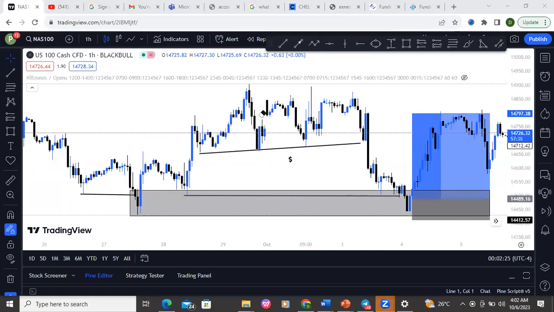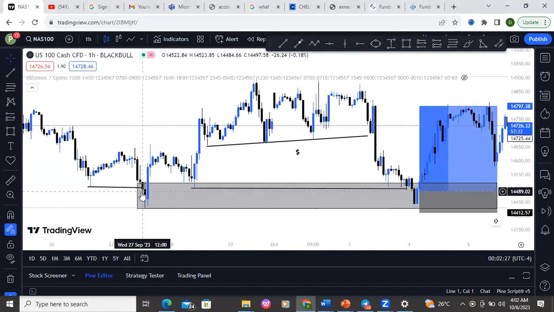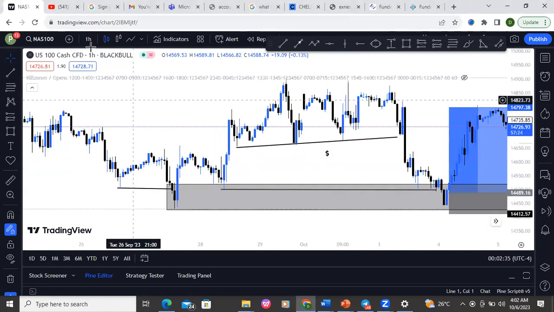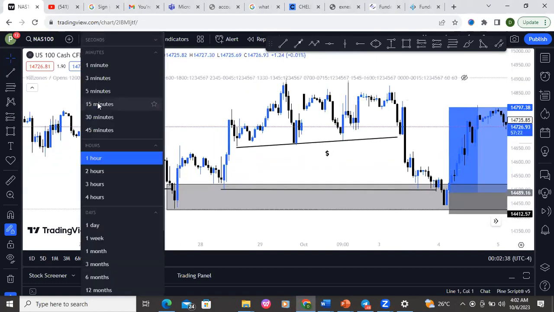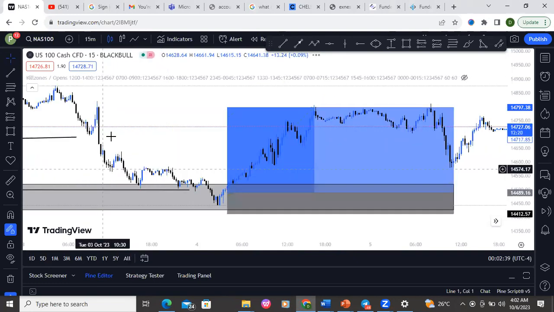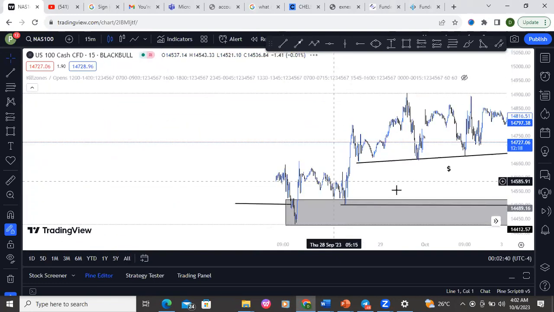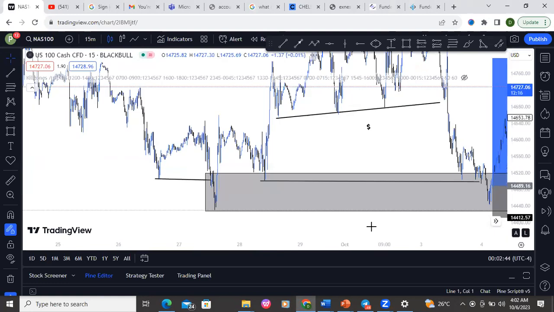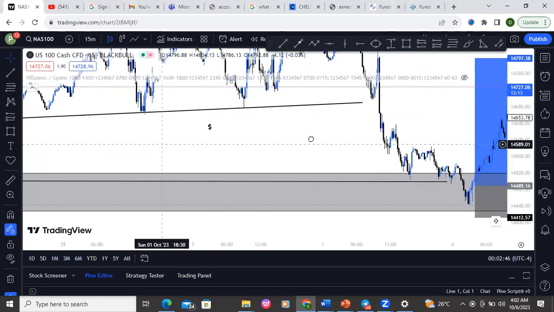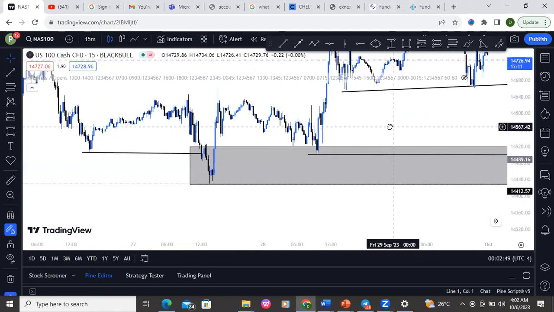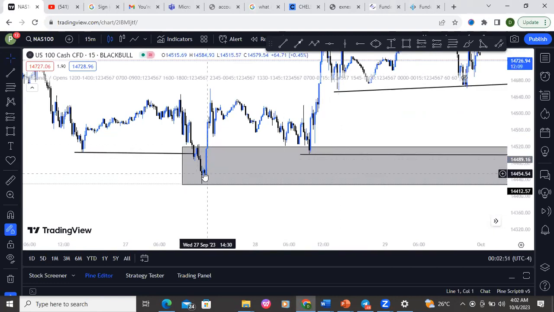Okay, so if this order block is already mitigated, then we need to refine it, go to a lower time frame and look for an order block that has not been mitigated. That was the reason why I went to the 50-minute time frame. Going to my 50-minute time frame, you realize that I have a block that has not been mitigated.